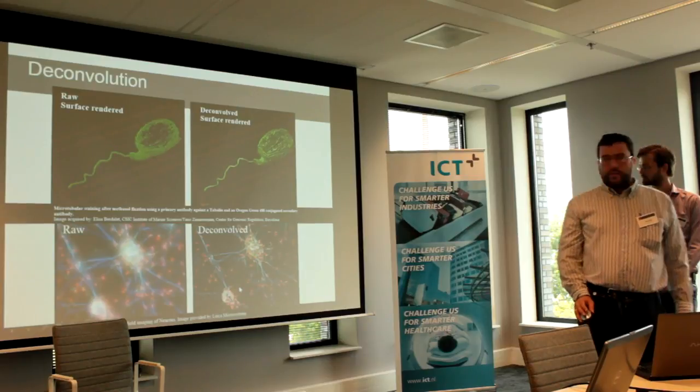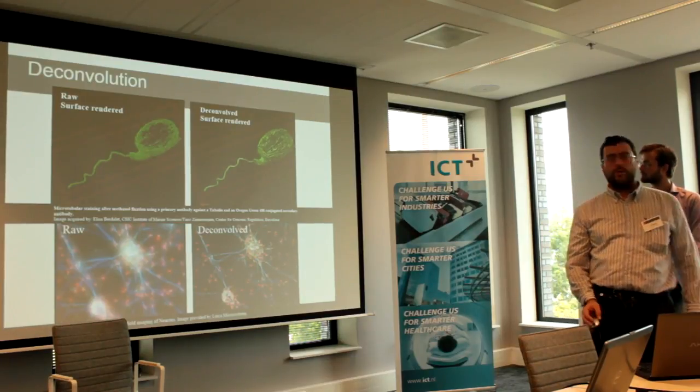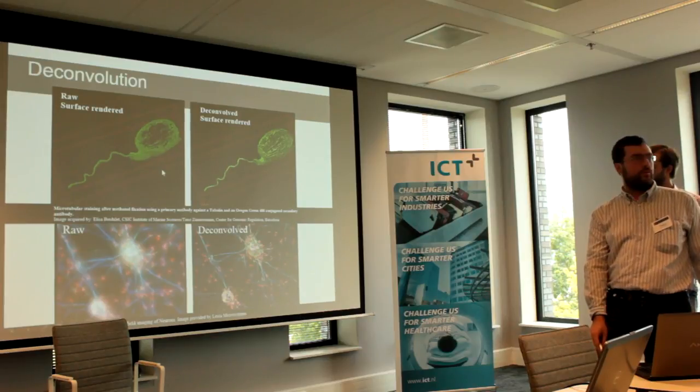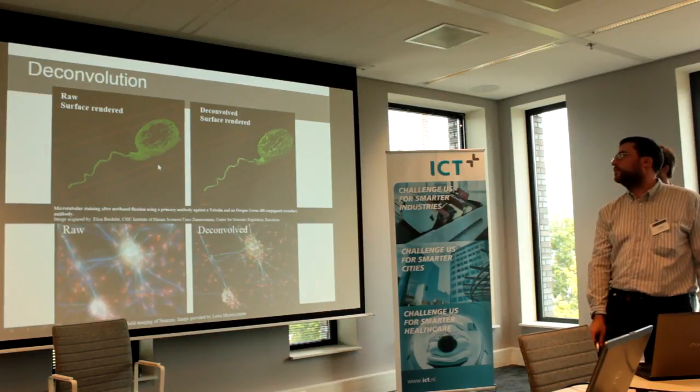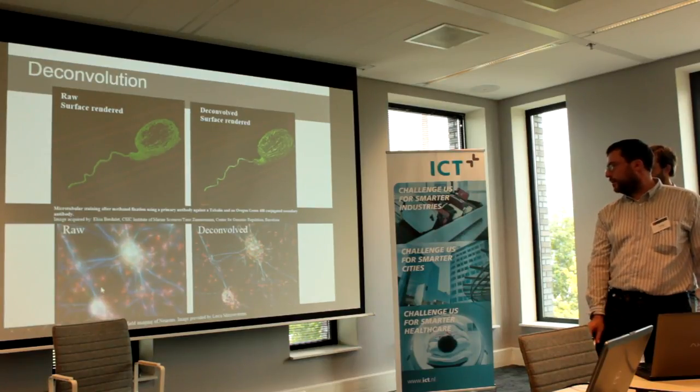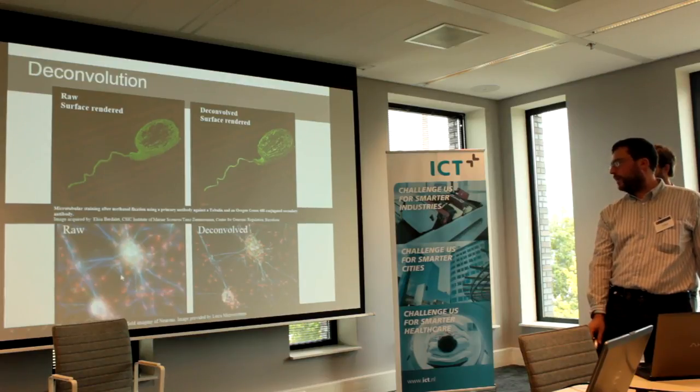So here you can see some examples of what the deconvolution does to an image. This is the same image that you saw in the movie, where you see a surface rendering of the raw data compared to a deconvolved one. And this is an image of neurons, where you see the raw data visualized and the deconvolved compared to it.